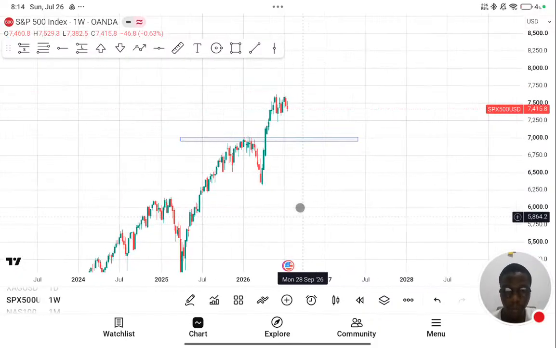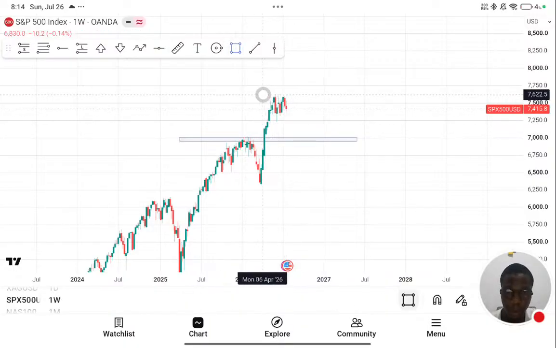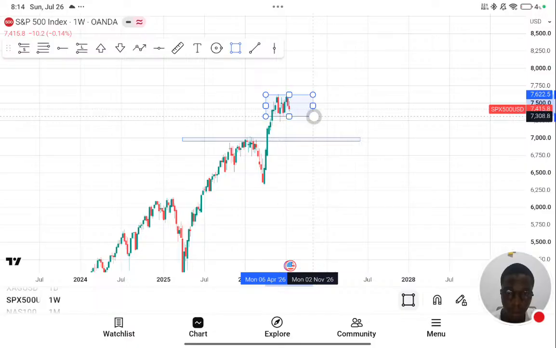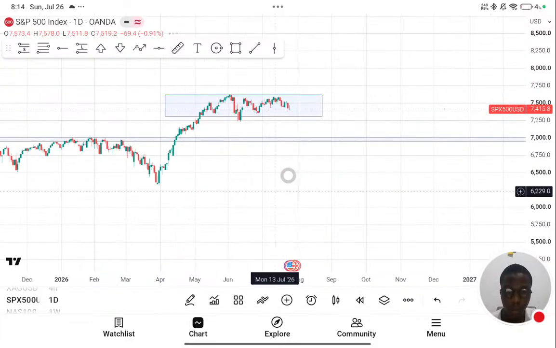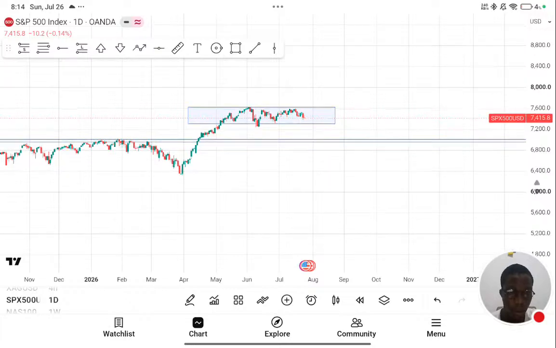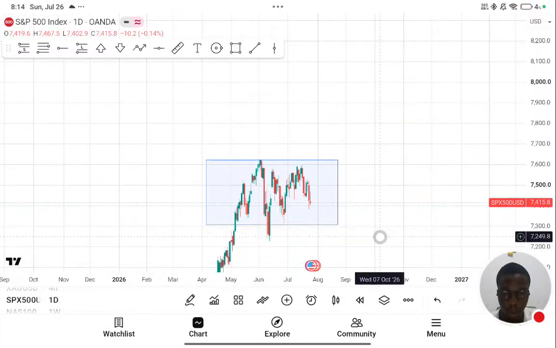Weekly, it's just been ranging around this range. Price has just been there ranging. And if we go look at our daily, that's why I haven't been interested in transacting on S&P 500.